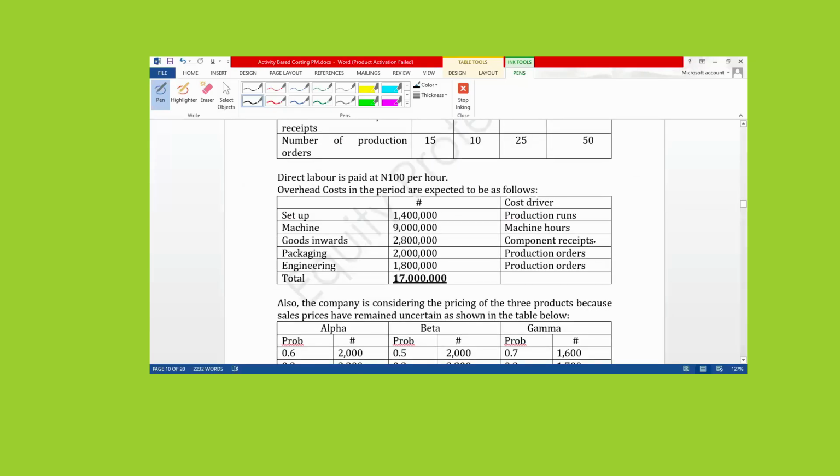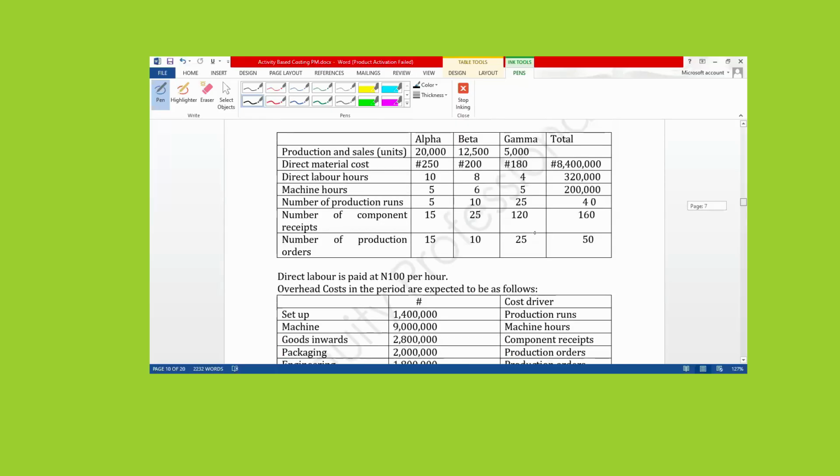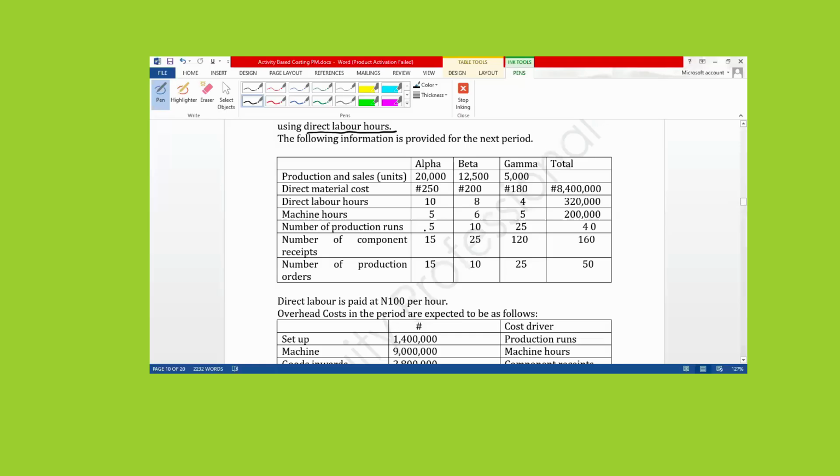Machine hours. We need to calculate machine hour total. Although we are given machine hours for product alpha 5 hours, product beta 6, product gamma 5, the examiner says total machine hours 200,000.